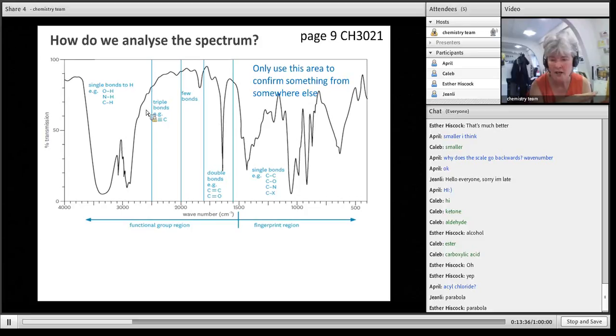IR, you can either do it as a thin oil, or mixed with something like potassium bromide, so it's done as a solid or as an oil, or it can be done in a solution. If you've got it done in an oil or as a solid, there is lots of hydrogen bonding, and that makes things very broad. If you have it in a solution, then the hydrogen bonding decreases, so it's very distinct little peaks.